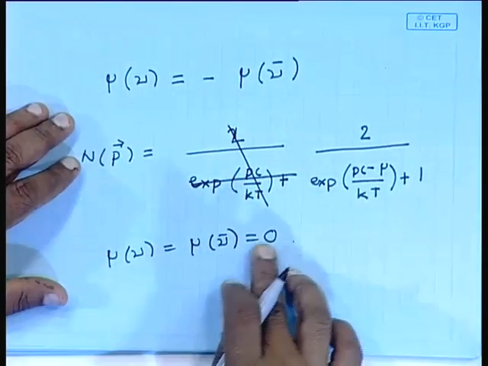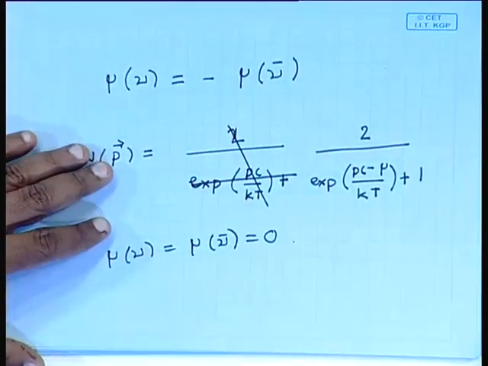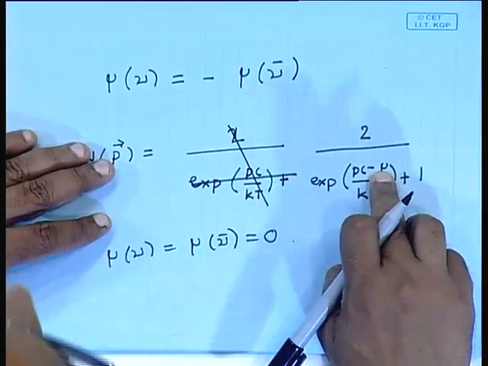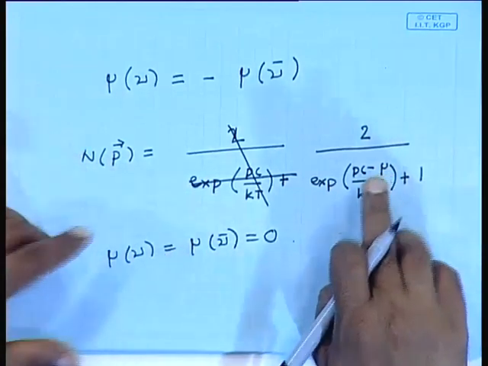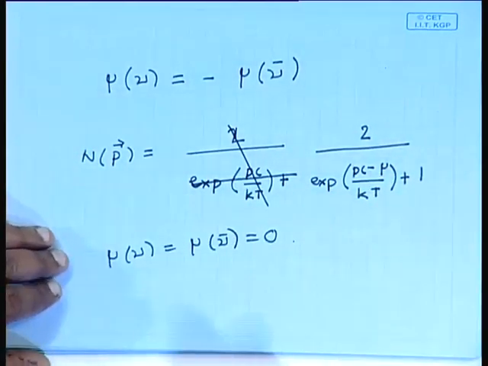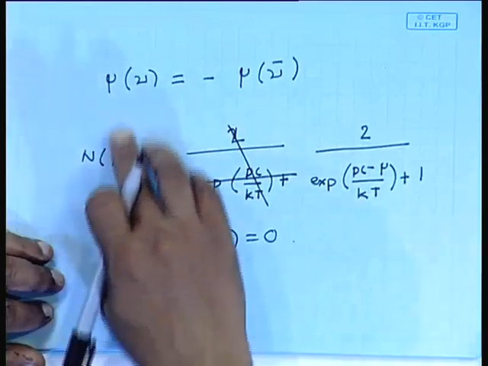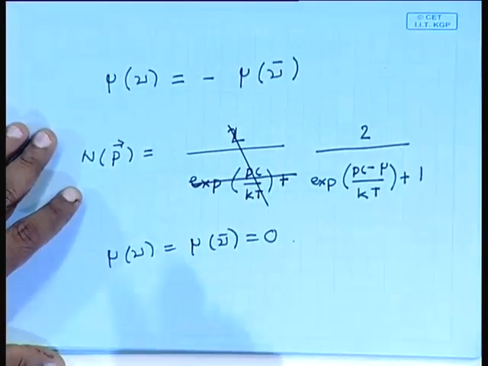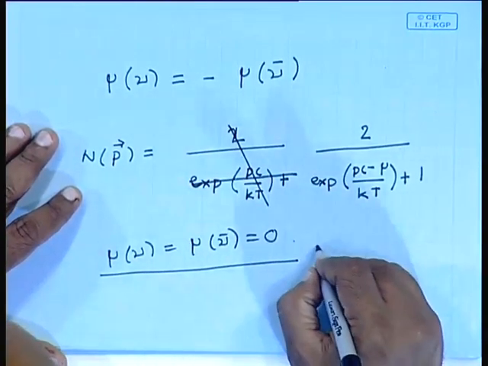If you assume this, then the number density of neutrinos and antineutrinos is exactly the same, because the number density is decided by the temperature as well as by the chemical potential. If you assume that they are different, then you will have different number densities for these two particles.